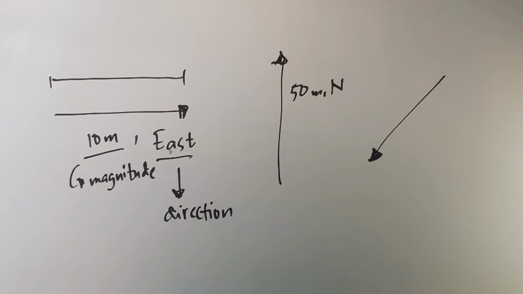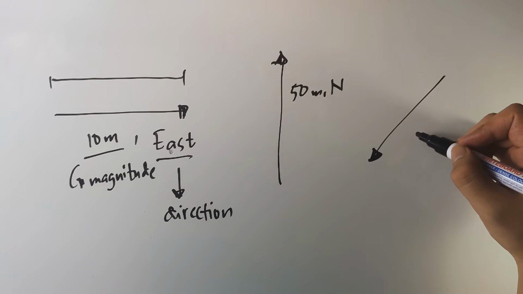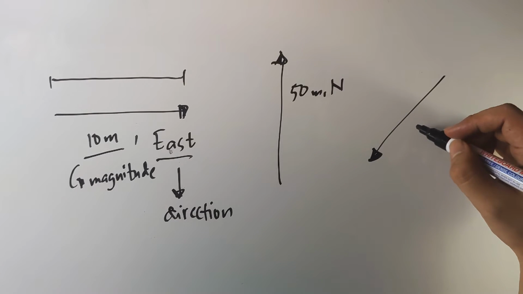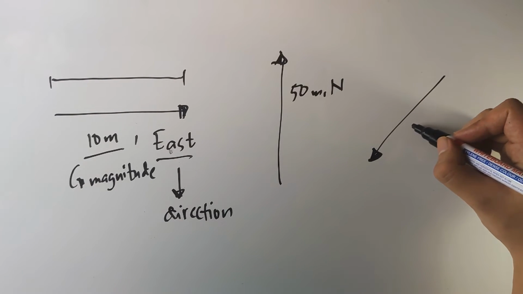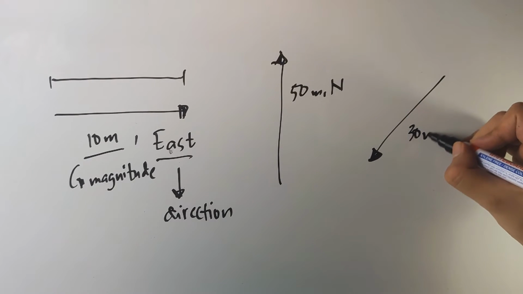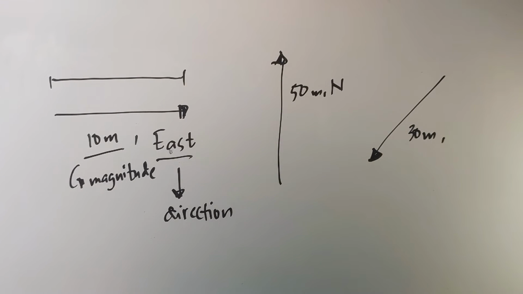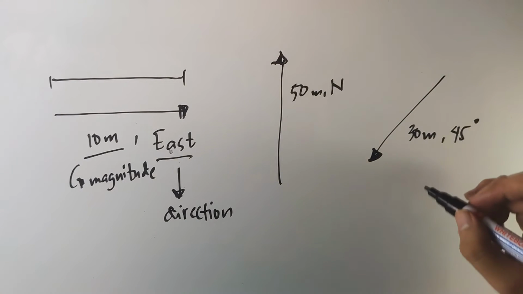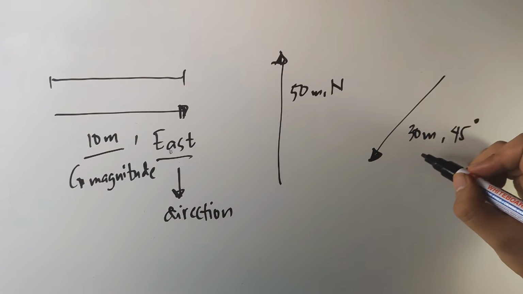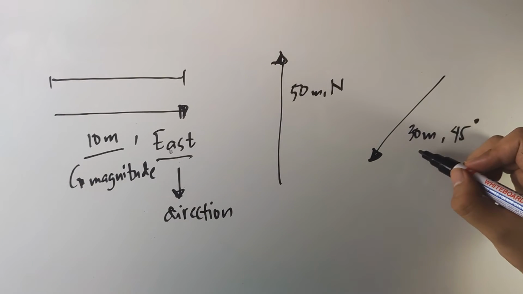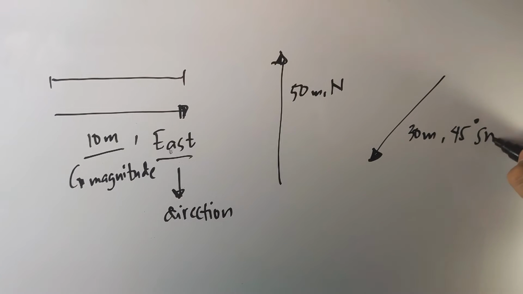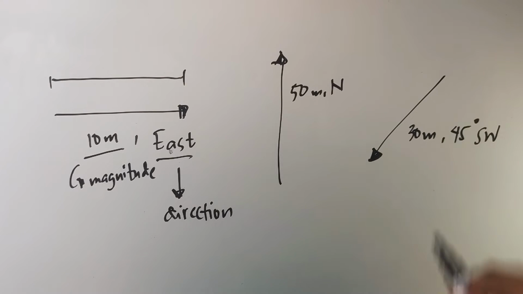Then let's say this is 30 meters, 45 degrees southwest. This one we're going to cover later. For now, we're going to have this.